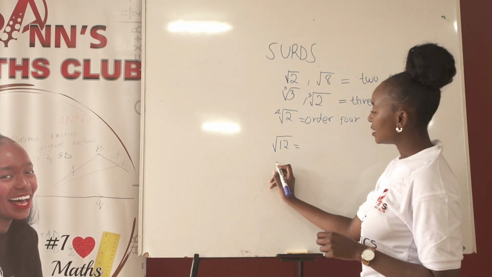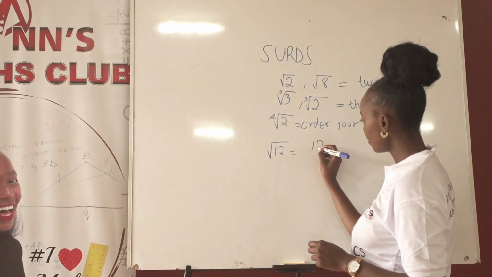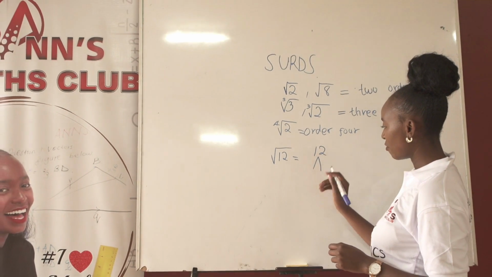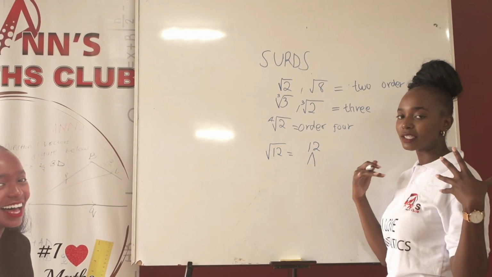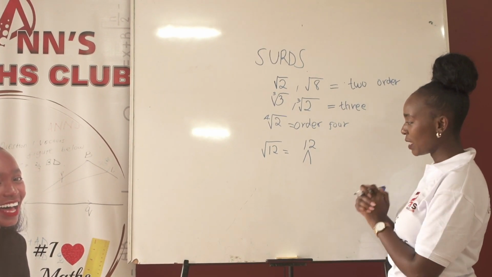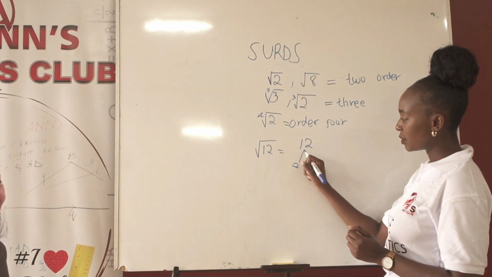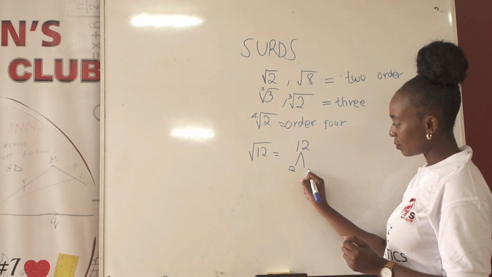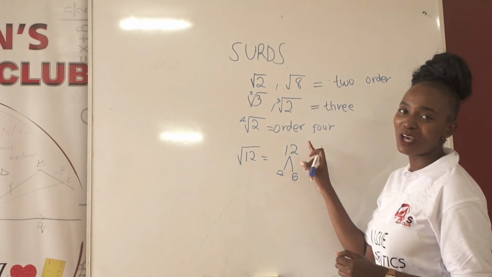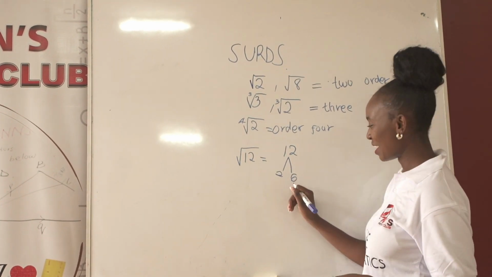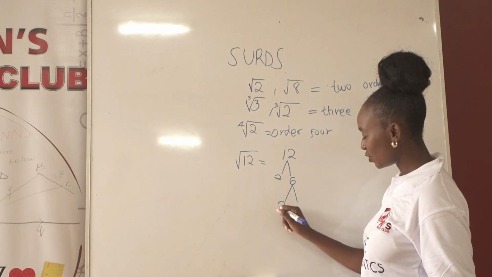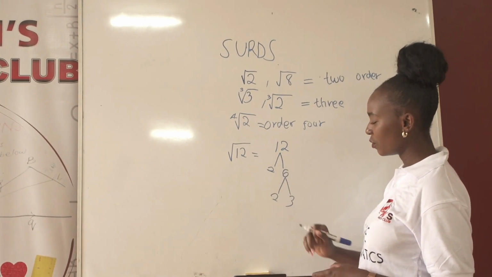You can take 12 and work it out as a tree. I'll use a tree diagram. You can start with the simplest number, which is 2. How many times do you add 2 to get to 12? That is 6.